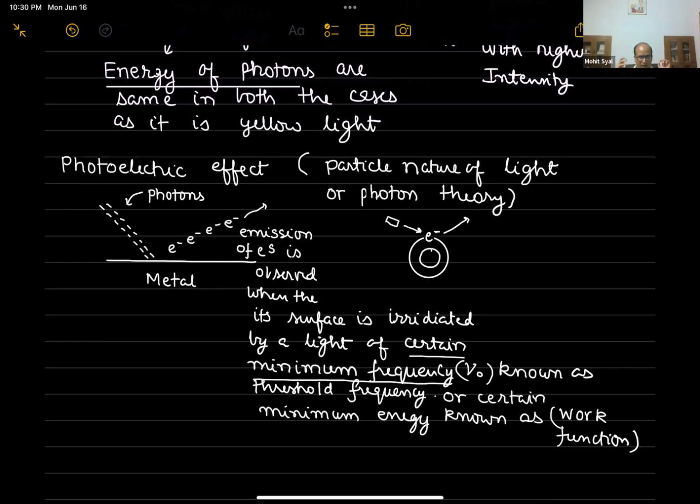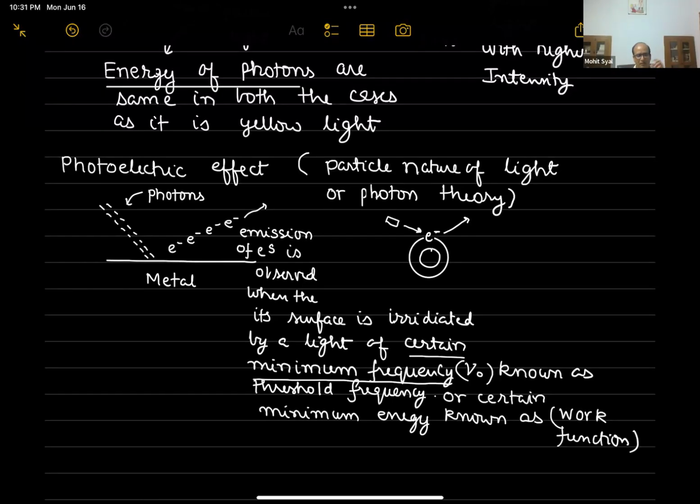It depends how hard I hit, right? If I hit it with less energy, nothing will happen, the table will not move. I need to hit with a certain minimum energy to move the table or any block or any book, because to overcome the friction. So the same is the case with the metals also.